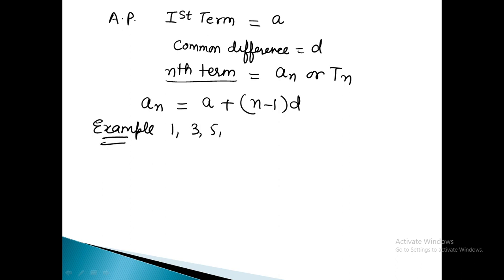For example, we have the series 1, 3, 5, 7, 9. Here A is equal to 1 and D is equal to 2. And we have to find the 30th term.